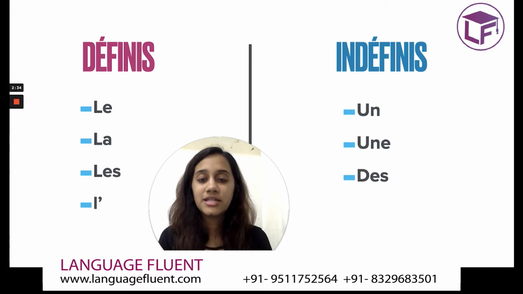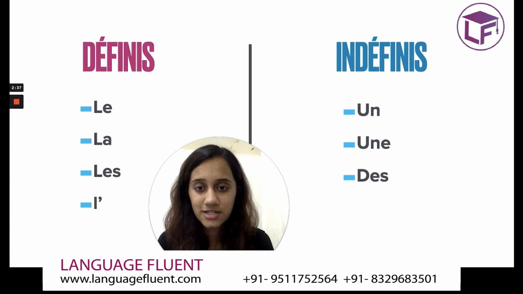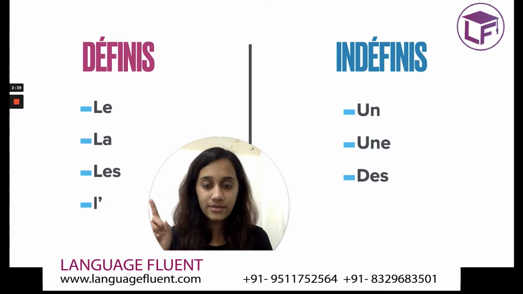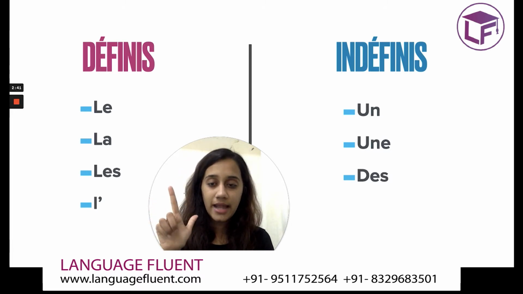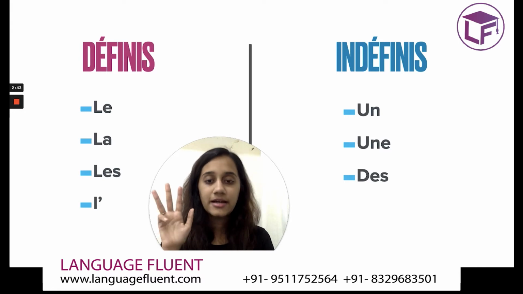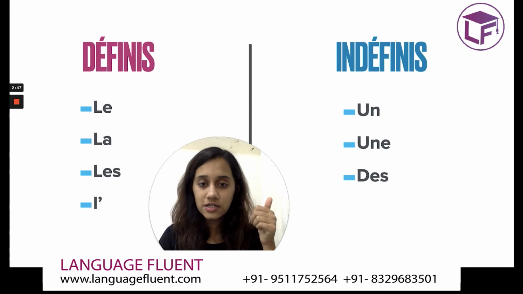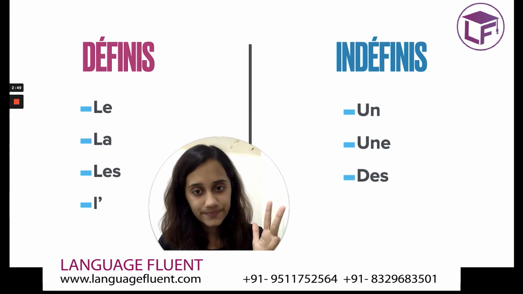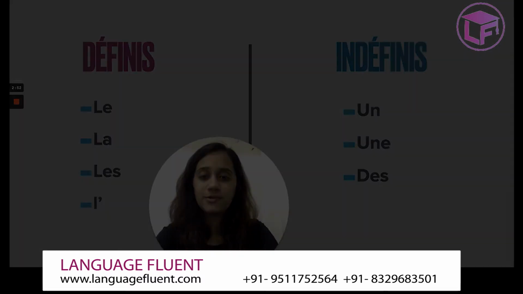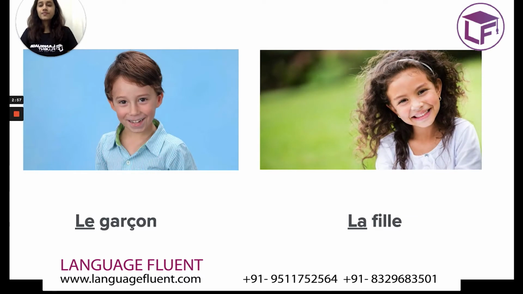So guys, let me reiterate the pronunciations of all of the articles. Les articles définis, le, la, les, l'apostrophe. Les articles indéfinis, un, une, and des. Okay, so now moving on to examples of these articles.